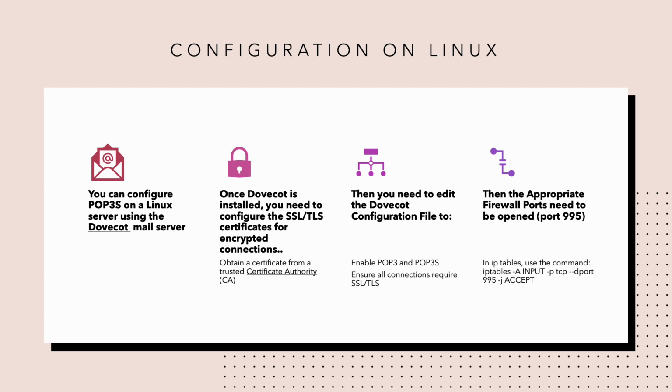Then you need to edit the Dovecot configuration file to enable POP3 and POP3S. You also need to ensure all connections require SSL/TLS. And then the appropriate firewall ports need to be opened. This would be port 995.